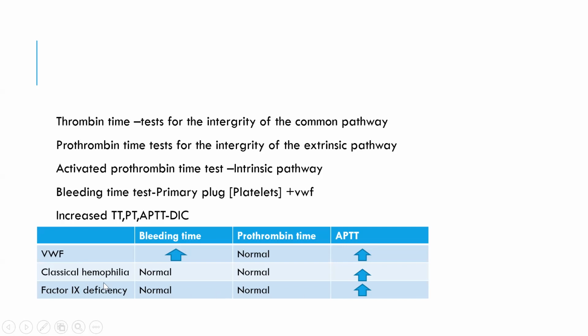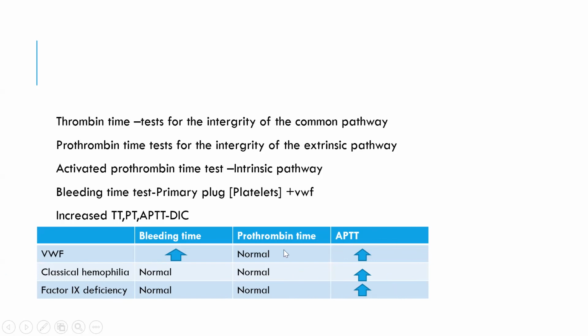Note that for classic hemophilia and factor 9 deficiency, there is no difference. They'll bring you questions to trick you, and you'd probably write maybe factor 9 is in another pathway, no. In reality, both of them affect only APTT.